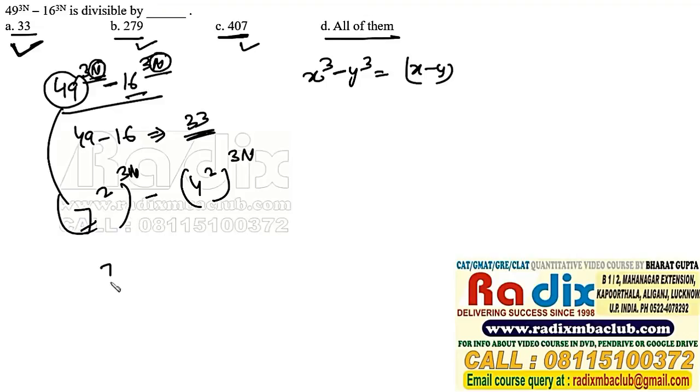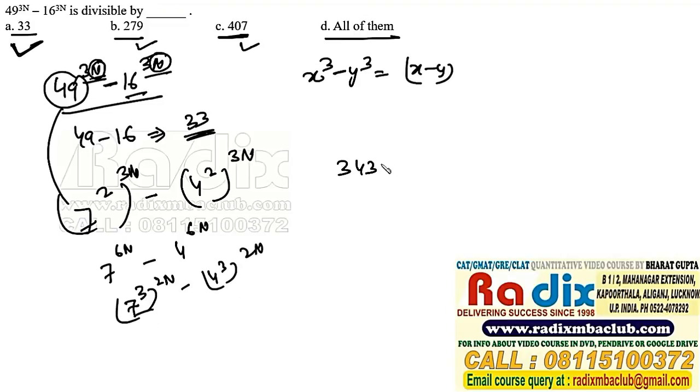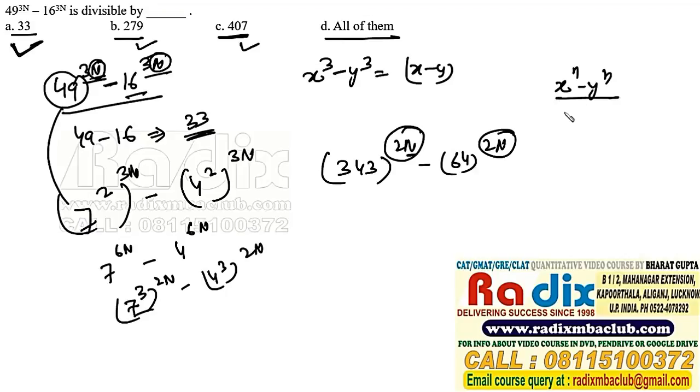Now 7 to the power 6n minus 4 to the power 6n. What we can do is write 7 cube to the power 2n minus 4 cube to the power 2n. Now 7 cube is 343 to the power 2n, minus 4 cube is 64 to the power 2n. Whatever the value of n, this power is always even, and we know that x to the power n minus y to the power n is divisible by x plus y as well as x minus y if n is even.